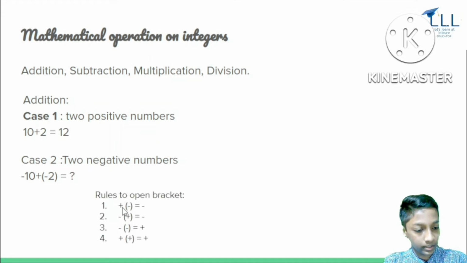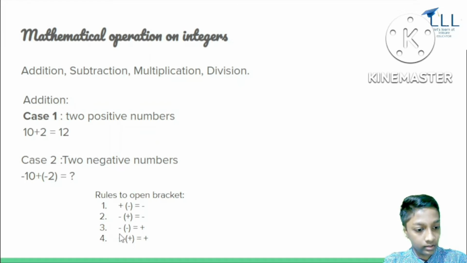In the first case, if we have a positive sign before the bracket and the number inside the bracket is negative, then after removing the bracket, instead of putting a positive sign, we have to put a negative sign. The second case is the reverse of the first case.